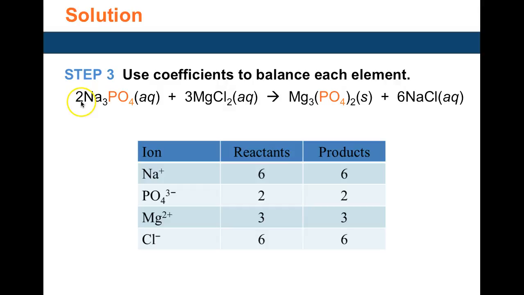So 2 times 3, that's 6, and 3 times 2, that's 6. So you have a 6 in front of the sodium chloride, 2 phosphates, and you have 2 phosphates. You have to put the parentheses around the phosphate, remember, from what we talked about in the last chapter. So you get 2 phosphates, and then there's a 3 in front of the magnesium, so Mg3, 3 magnesium. All right, so now everything is balanced.